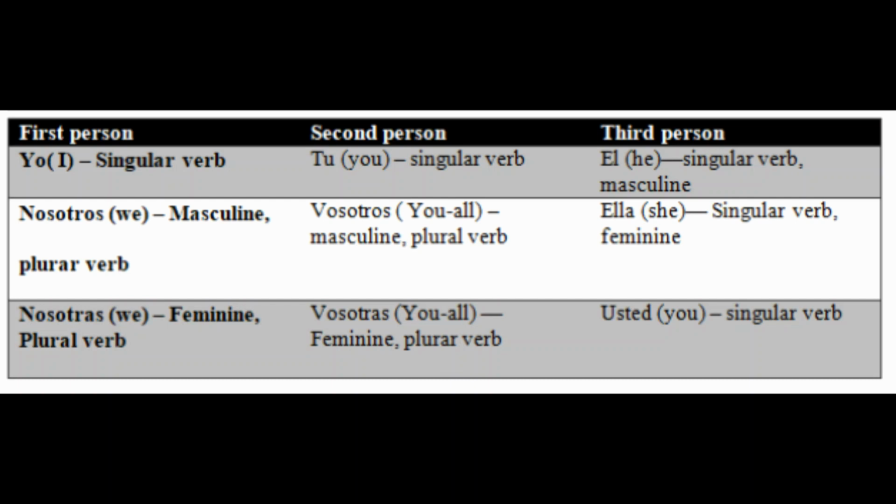In the third person, él is he. Ella means she. Usted is you, which are all singular pronouns. The plural pronouns are ellos, which is they, and that is considered masculine. Ellas, meaning they, which is feminine, and ustedes, which means you all.